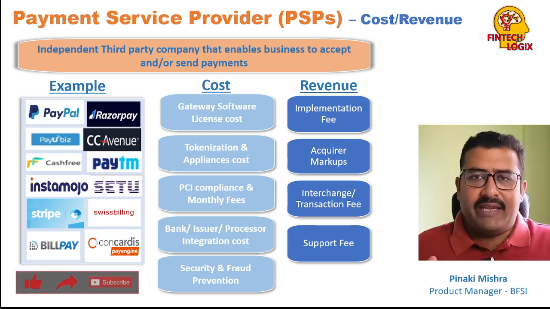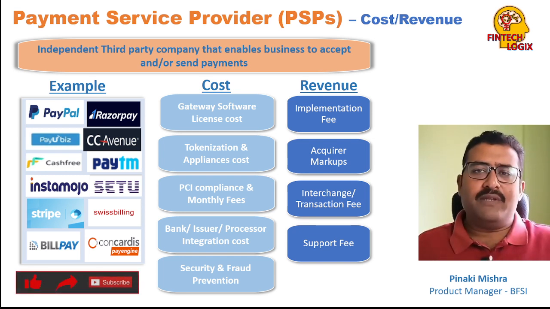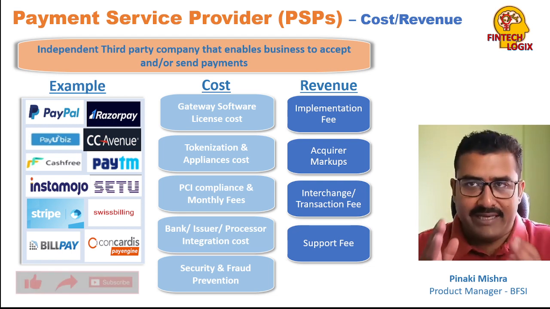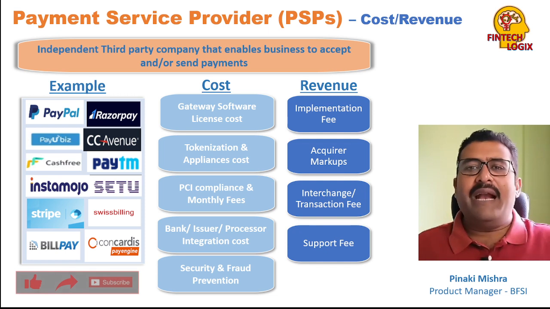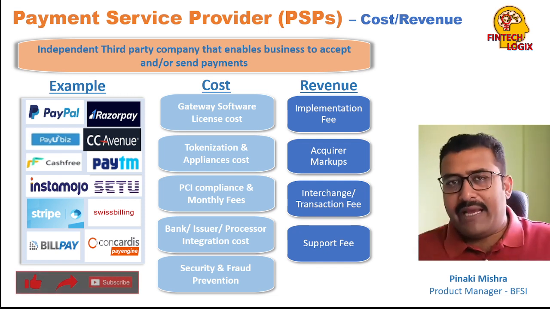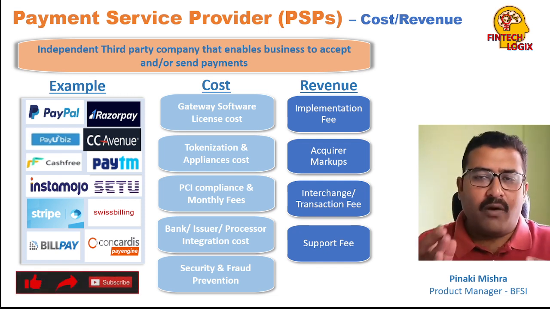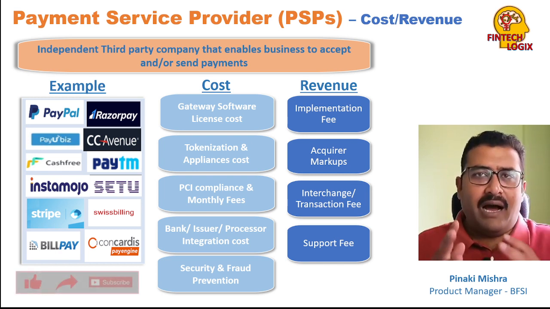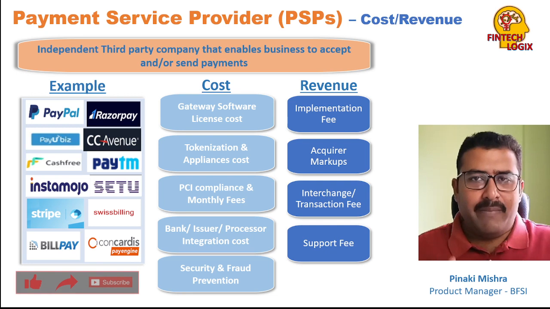If anything goes wrong, it becomes the responsibility of the PSPs to solve it immediately within SLA time, and for that they also take some amount from the partners. So these are the four ways revenue is made by all these PSPs.